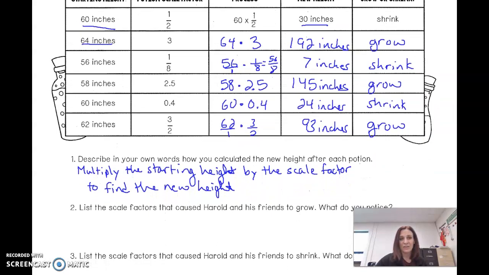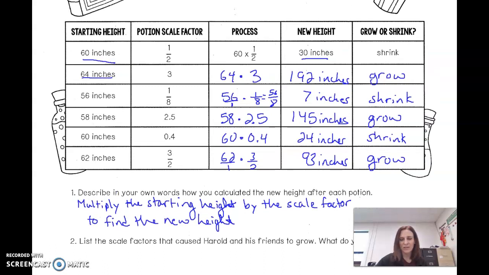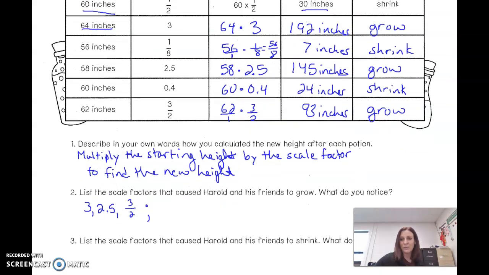List the scale factors that caused Harold and his friends to grow. What did we notice? So our scale factors are here. The ones that caused it to grow were a 3, 2.5, and 3/2. So what do we notice about all three of those numbers?